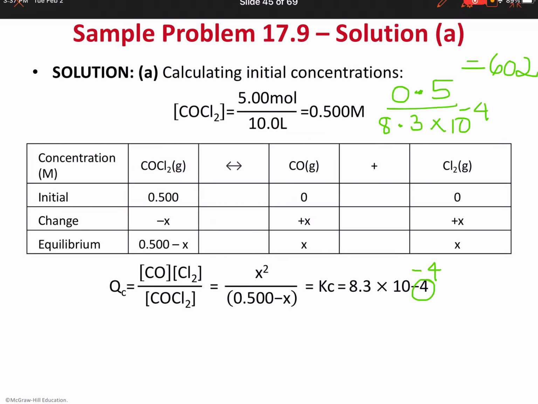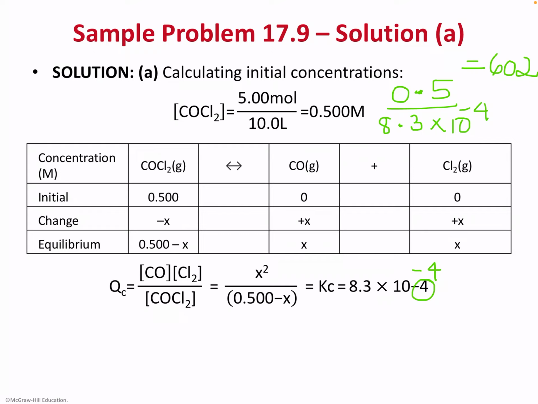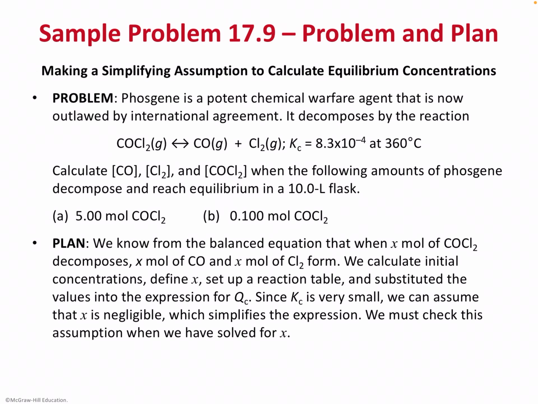Now, we already found that the ratio, 0.5 over 8.3 into 10 to the negative 4, is 602. Once you find out the X, we can also check whether the change is going to be less than 5% or more than 5%.